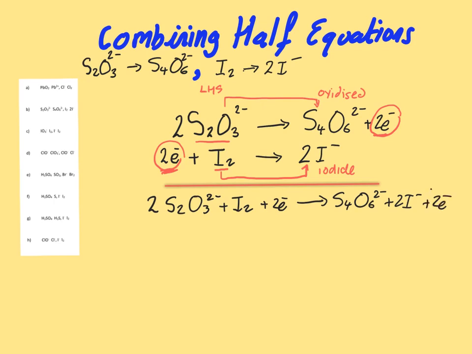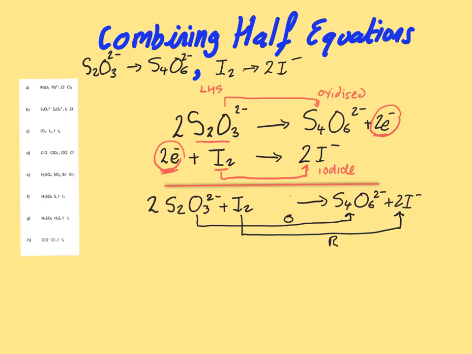The electrons in a balanced redox equation must always cancel out. So now our overall balanced equation ignores the electrons, and this is a full redox reaction. We know it's a redox reaction because we saw that the thiosulfate became oxidized and the iodine became reduced to iodide.